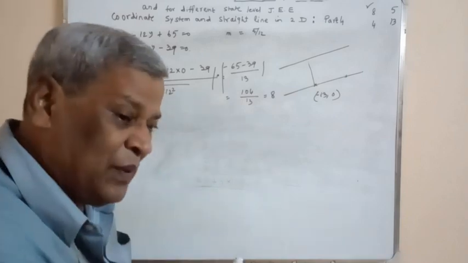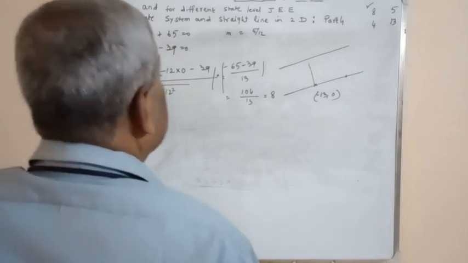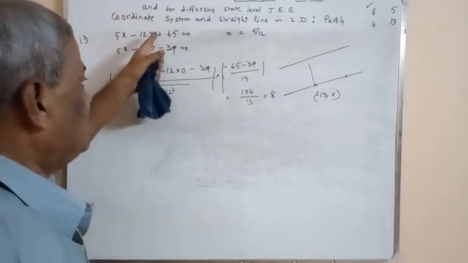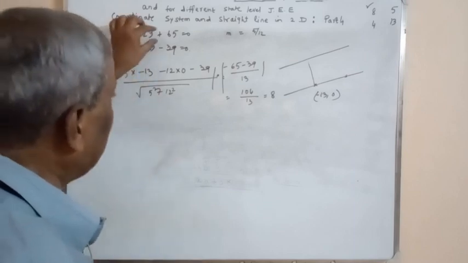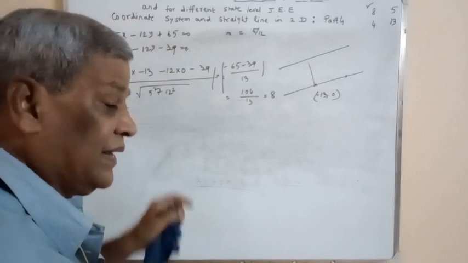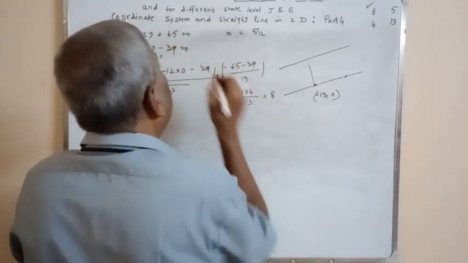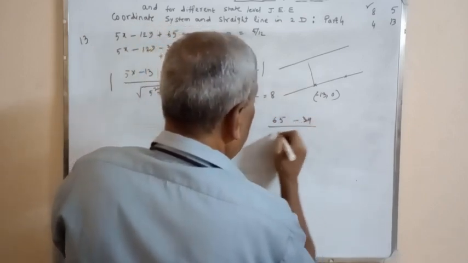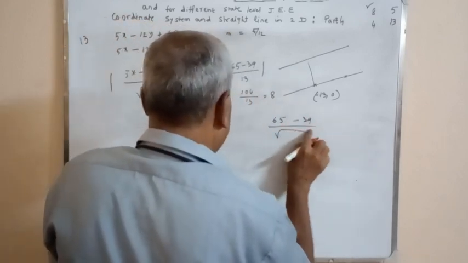Another very simple way is there. You have to keep in mind, in that case, if they are parallel, then for the distance between two straight lines, if the constants are of the same sign, here it is different. If same sign, suppose this is plus, then you take 65 minus 39 by root over of 5 square plus 12 square.